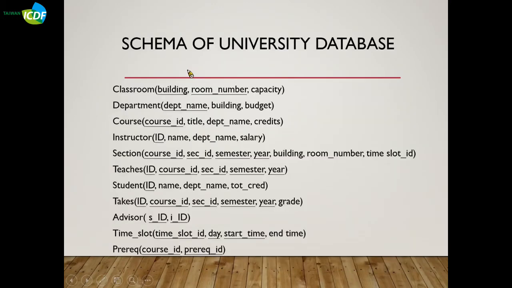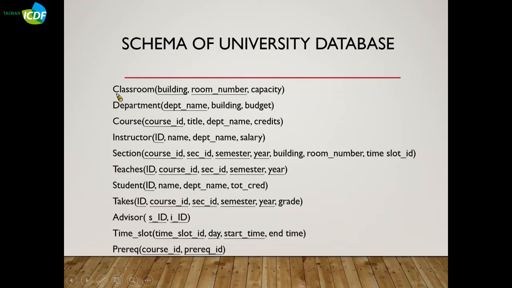According to the explanation related to primary keys, each table in the university database can be expressed with a schema. Here, we can easily understand all the tables and their components.